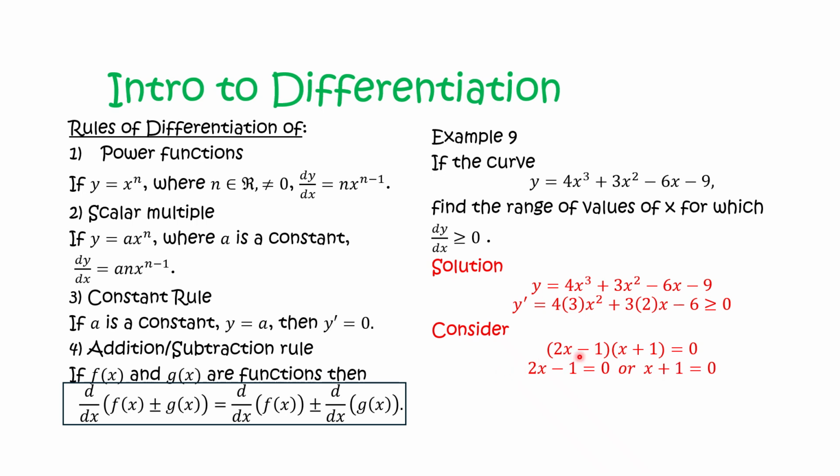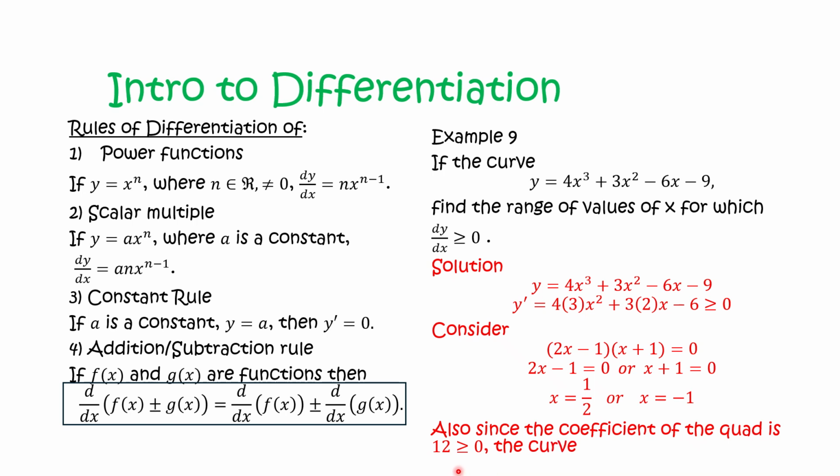Now moving on, we are going to set this to 0. So 2x minus 1 is equal to 0, x plus 1 is equal to 0, implying that x is equal to a half, or x is equal to minus 1. And also, since the coefficient of x squared, which is 12, is greater than 0, this means that the curve has a minimum vertex.